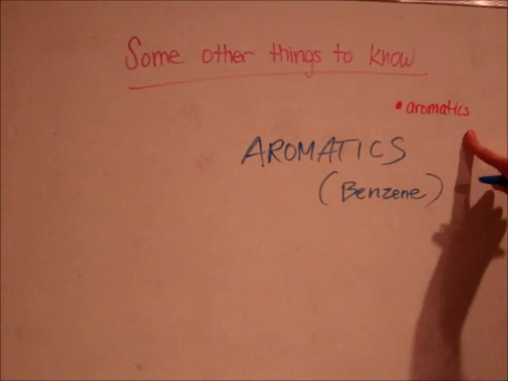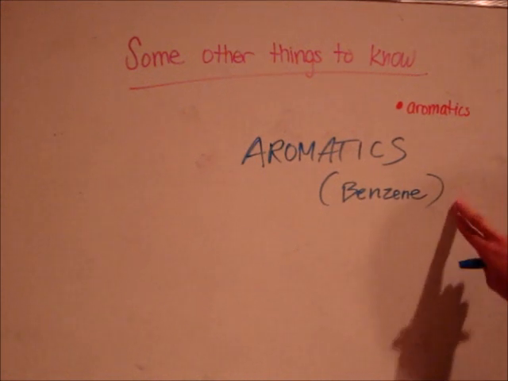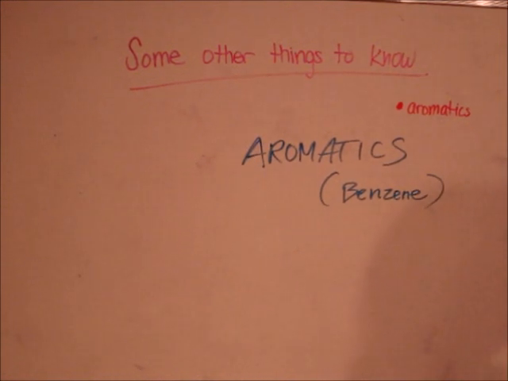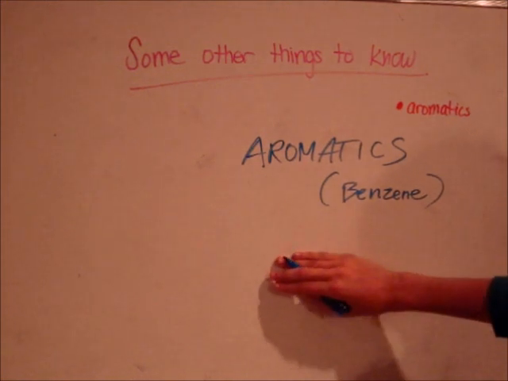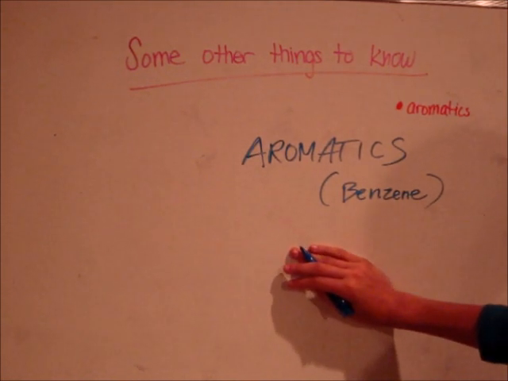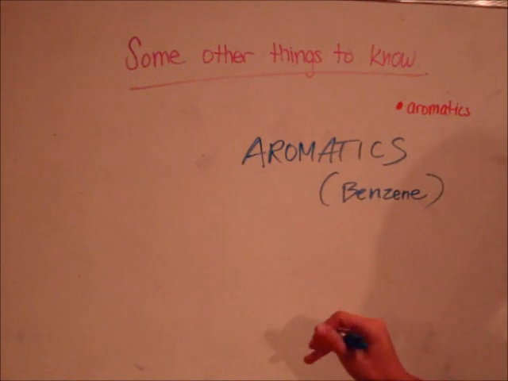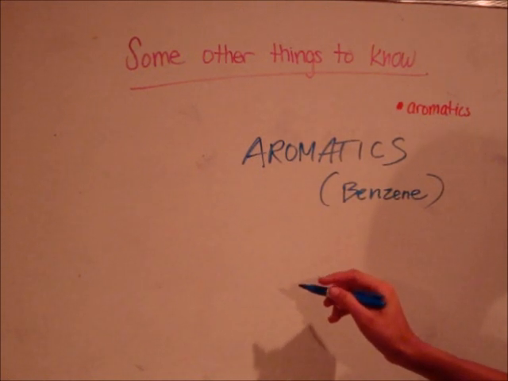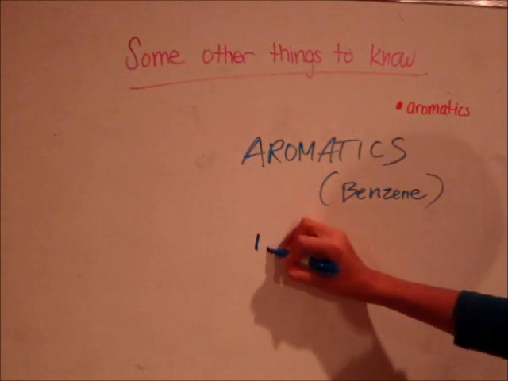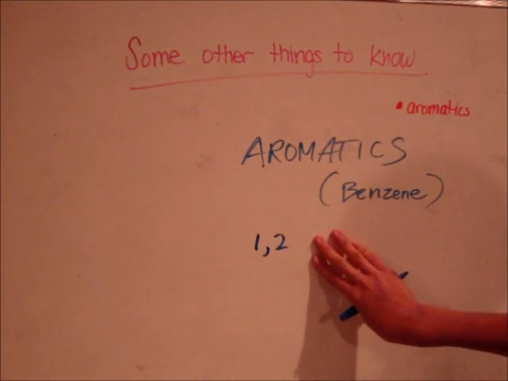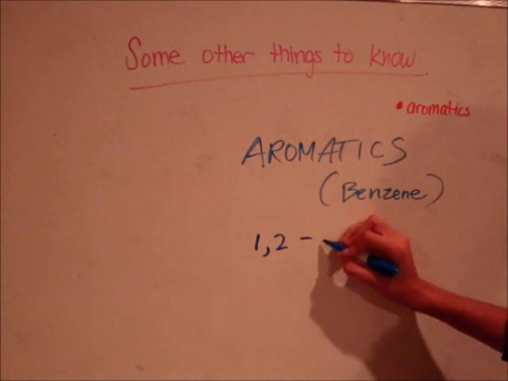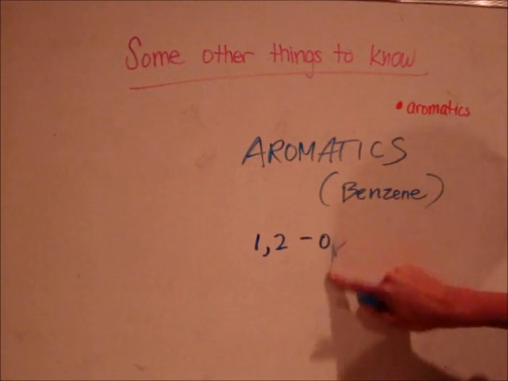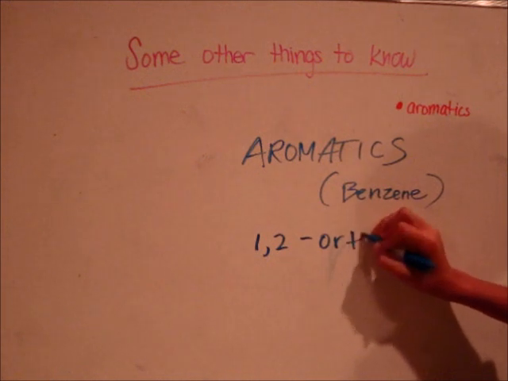Lastly, we just have to cover the aromatics, and when we're talking about aromatics, we're talking about benzene. Aromatics are substituted versions of benzene, you know, when we substitute hydrogens for other things. So if we substitute the first and second hydrogens, or put something on the first and second carbons, then we have an ortho beginning when we're naming things, and this will make more sense in a minute, so just bear with me.